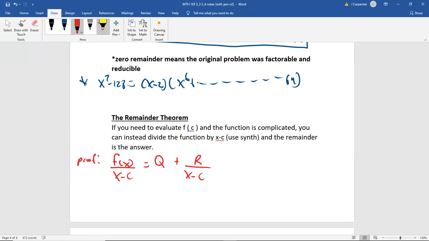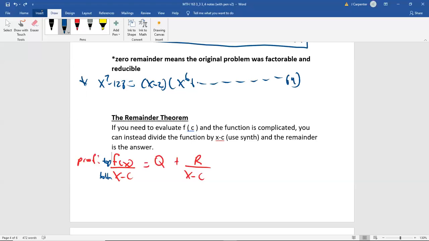So this is just the original answer for long division or synthetic division. If you've got some top divided by a bottom, this was the original top, this was the original bottom. But now I'm deciding to call the top f of x, and we're calling the bottom x minus c because it fits synthetic division. In this problem, we were not given a synthetic division problem. We were just given the function, which I'm going to call the top, and we choose to divide by x minus 5 if we're trying to evaluate at 5.